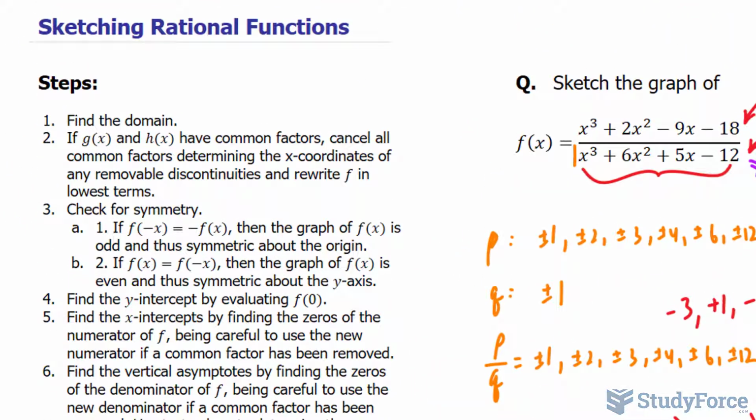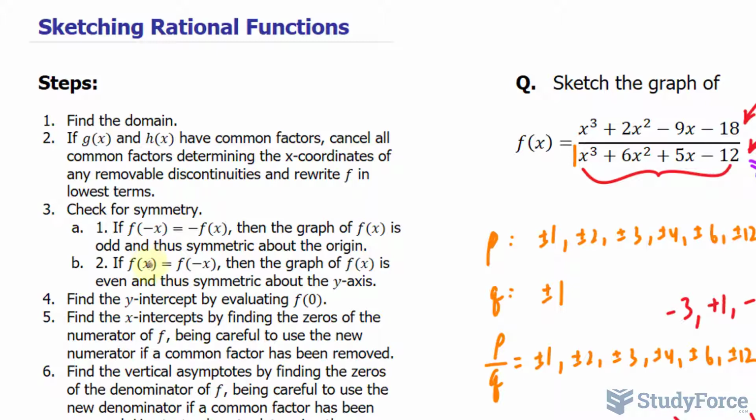In step number 3, they say check for symmetry. The way you do that is if you substitute -x into the function, and it outputs as negative f of x, then the graph is odd and therefore symmetrical about the origin.